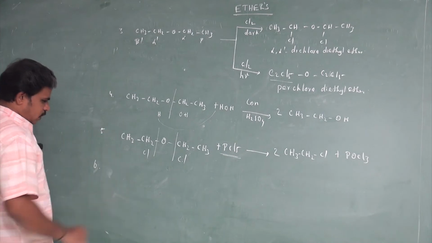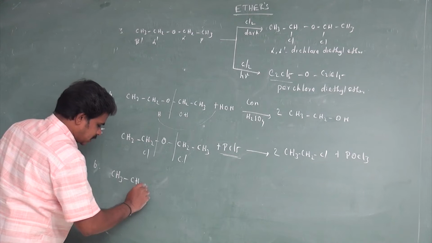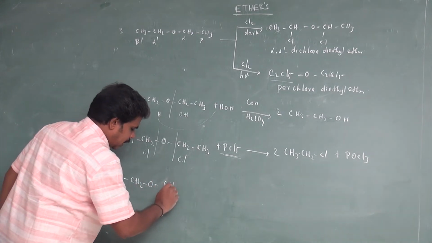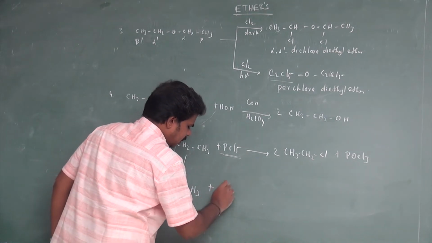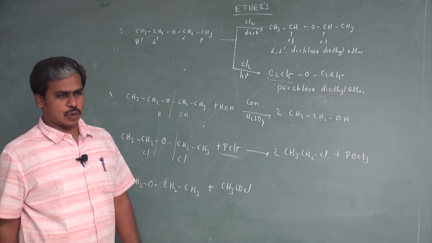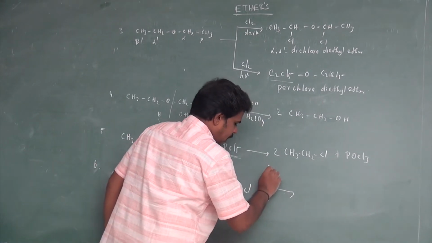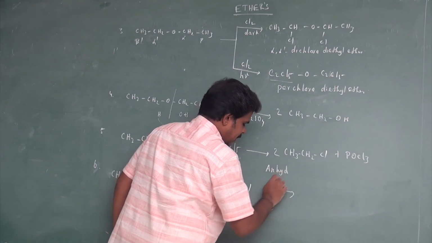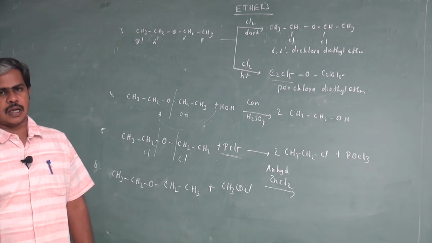And the next one, if you take diethyl ether, CH3CH2O and CH2CH3. It is treated with CH3COCl, known as acid chloride or acetyl chloride, in presence of anhydrous zinc chloride.